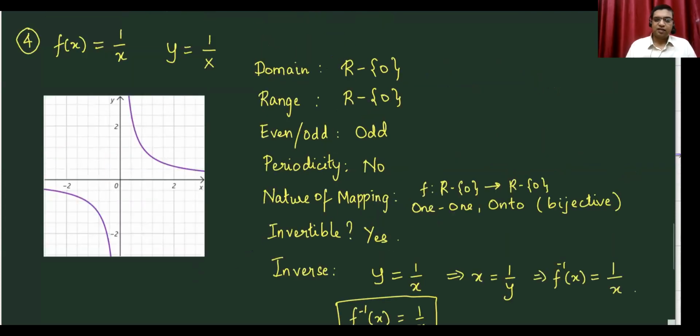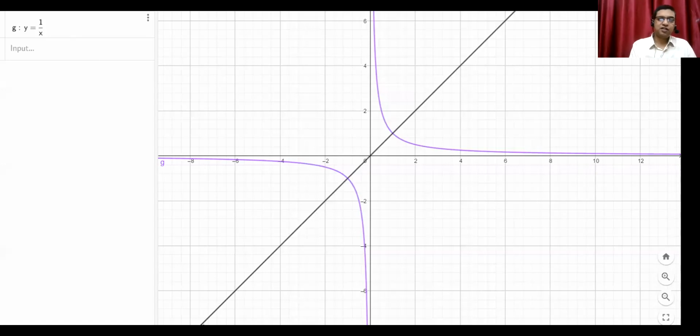All right. And we know that graph and its inverse should be symmetric about the line y equal to x. When you see this, the graph is symmetric about y equal to x. So when you invert the graph, you have to take a mirror image about the y equal to x line.